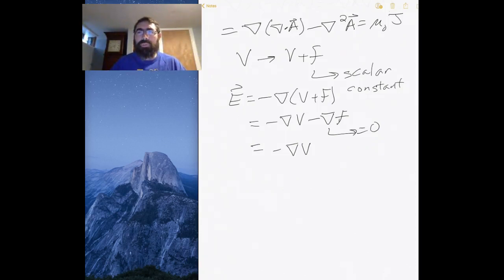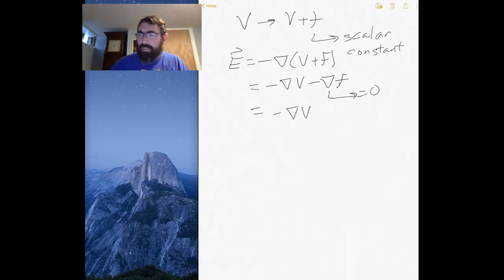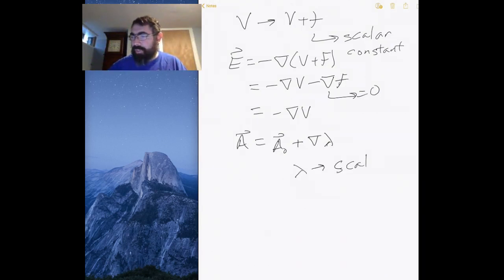Can we do that for the magnetic case? So let's imagine that our magnetic potential is this other vector function A0, and then we're going to add in the gradient of a scalar function. So now lambda is a scalar, and it's also a function, it's not a constant. Because if it was just a constant, then that would be boring, it would disappear right away.